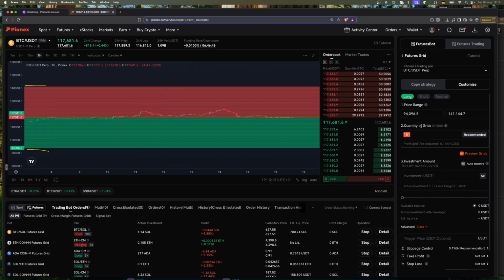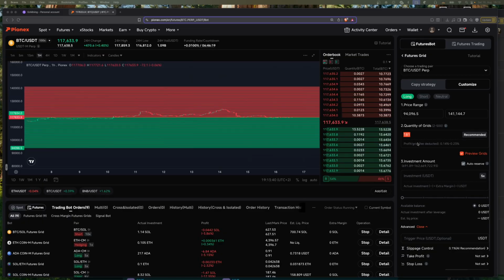Well, let's say, for ease of math, you put in $181 and you have 181 grids. This means each grid is then only a volume of $1 multiplied by the leverage, but we will come to that. And so you can see the more grids you have, the further your initial investment is spread thin.